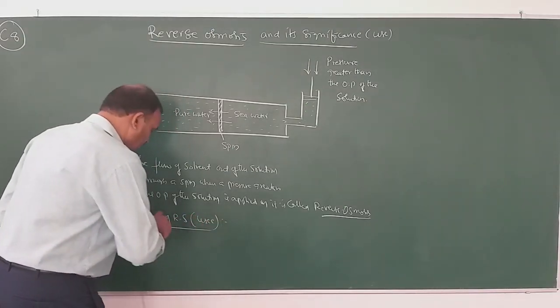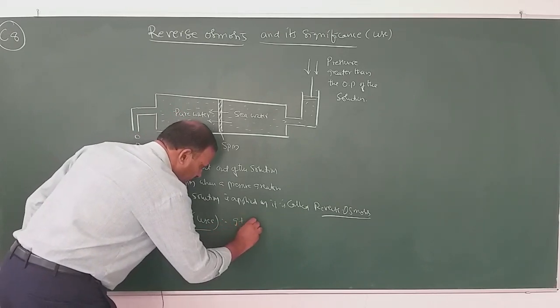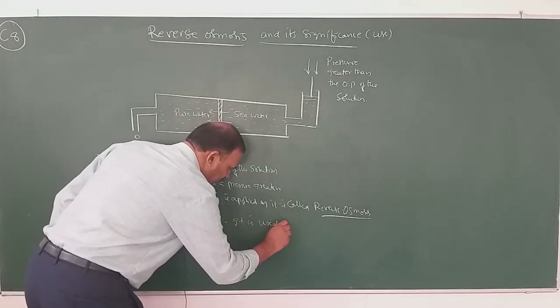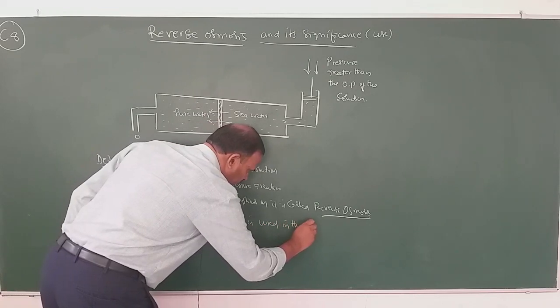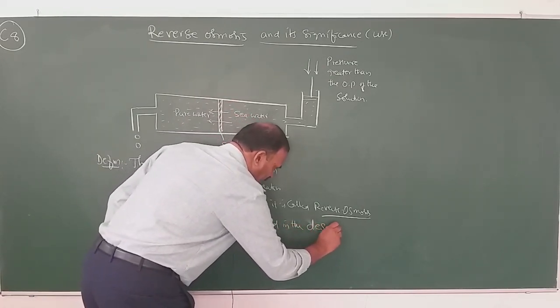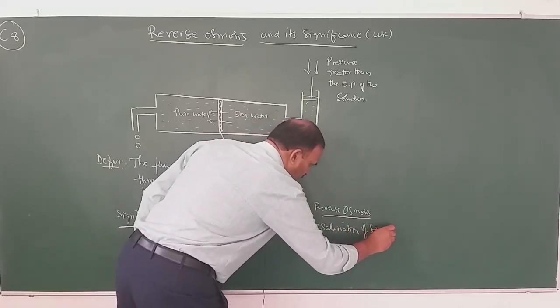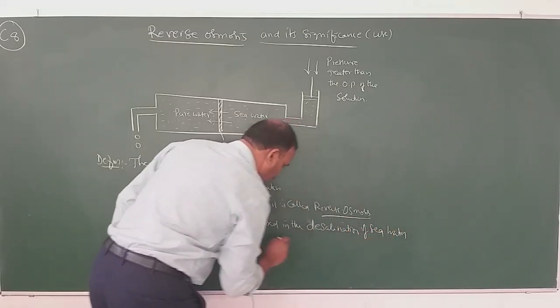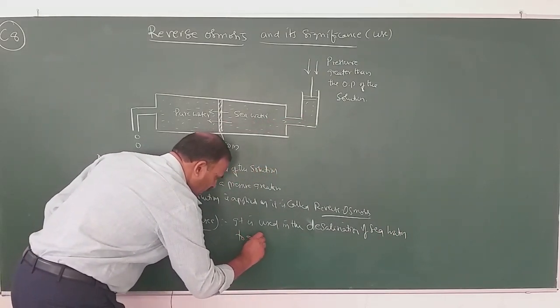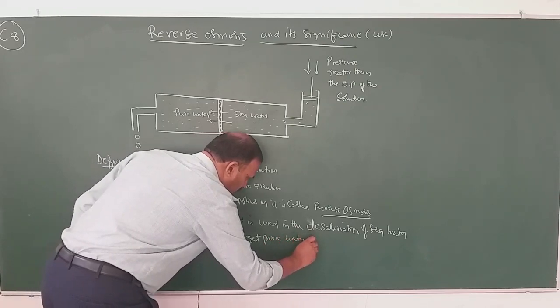So the significance of reverse osmosis is that it is used in the desalination of sea water to get pure water for drinking.